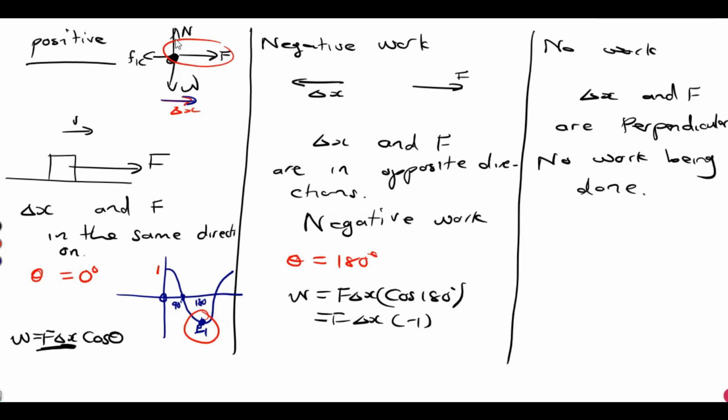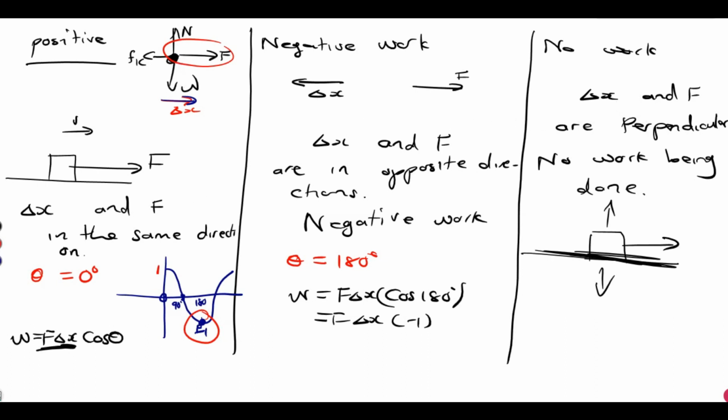Just like the weight and the normal force there, those ones are doing no work. Reason being, think of it like this. The block is sliding on a horizontal surface. There is no movement up or down. The block is simply either sliding to the right or to the left, but it's not moving up or down. Hence, there's no work being done by those two forces.